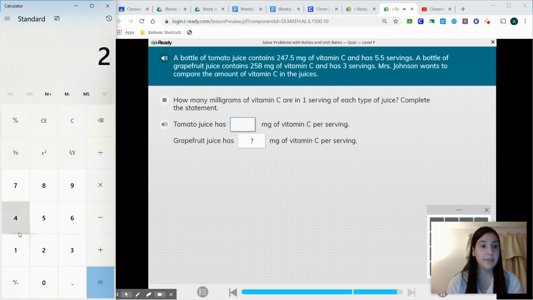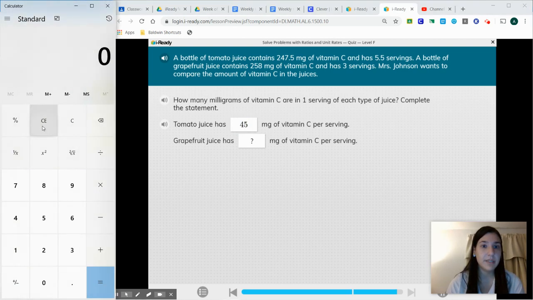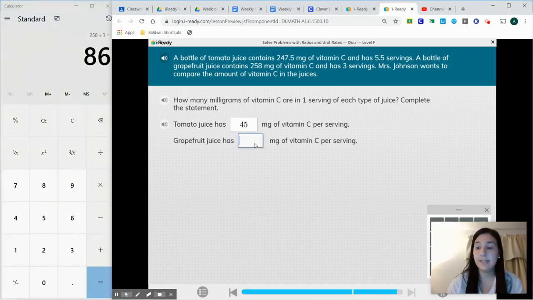So we'll start with the tomato juice, 247.5 divided by 5.5. And that will give us 45 milligrams of vitamin C. Now grapefruit juice, 258 milligrams of vitamin C divided by 3 servings gives us 86 milligrams.